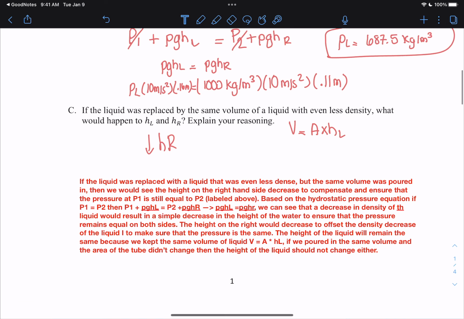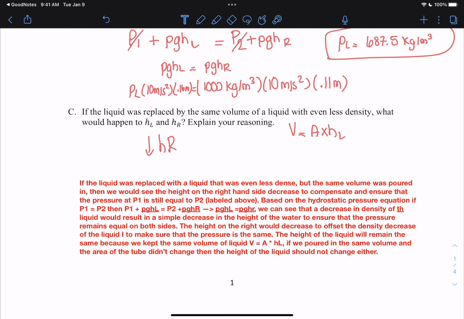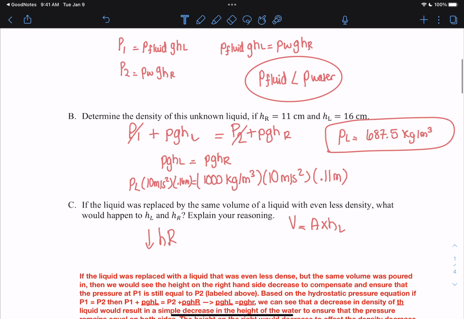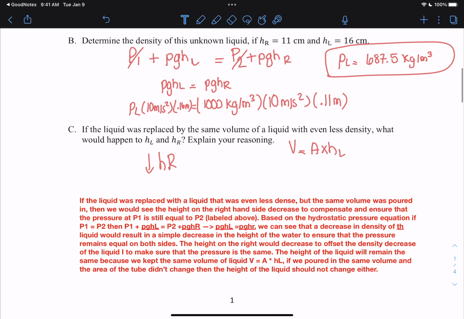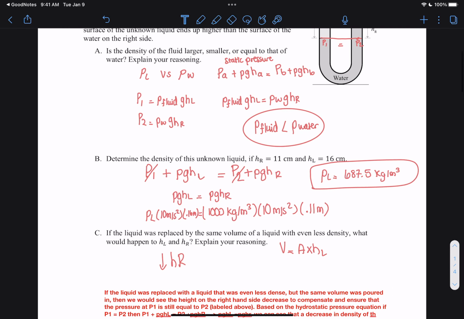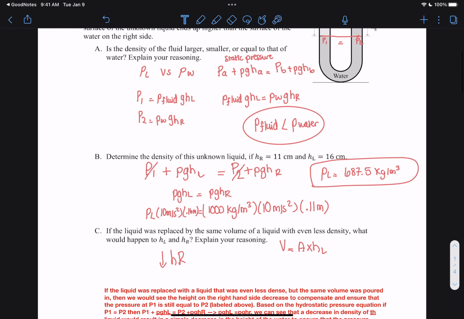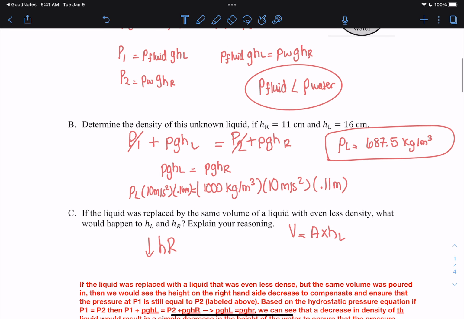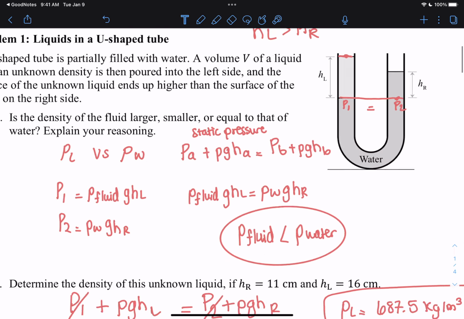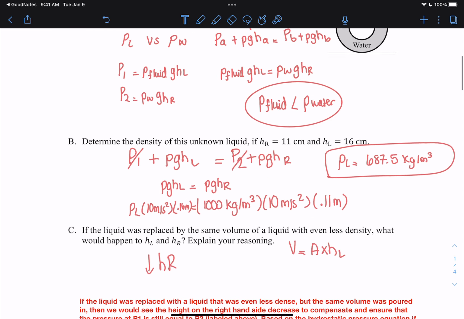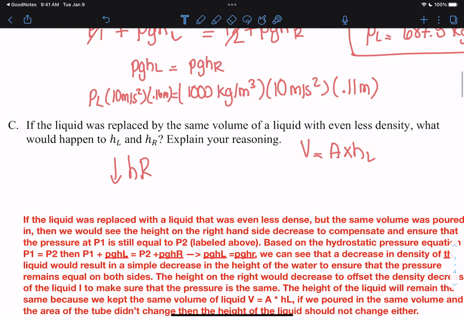But excellent job, Matthew, on recognizing that the height there on the right decreased. Don't worry, personally I messed it up when I did this homework. I think I missed a point on part C just for saying that the height on the left decreased. It's really easy to overlook this part of the question, which is they put in the same volume of liquid.